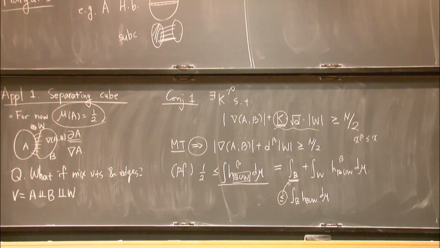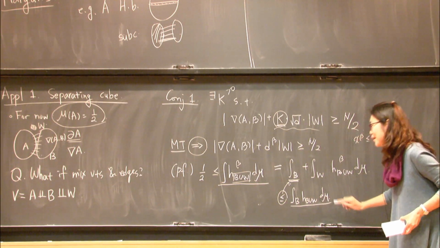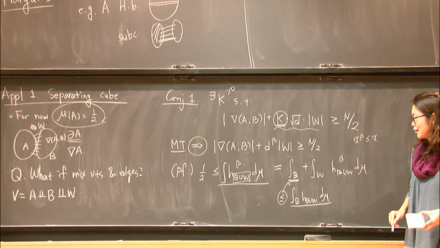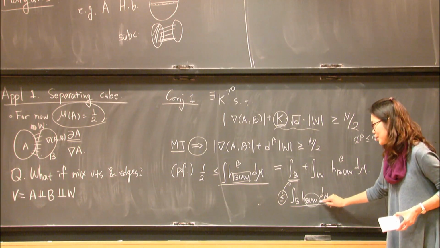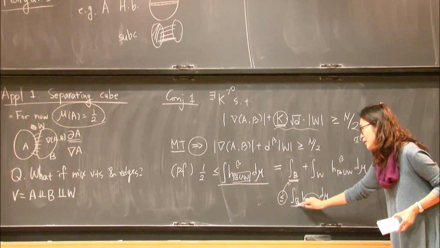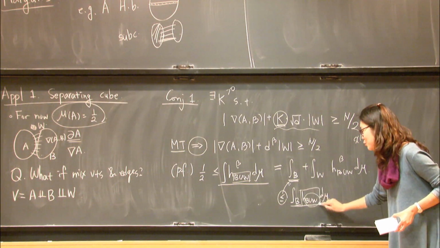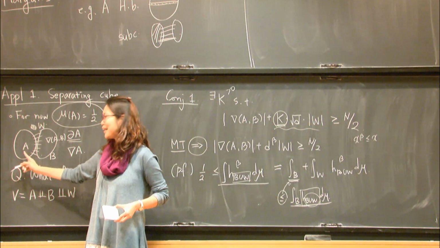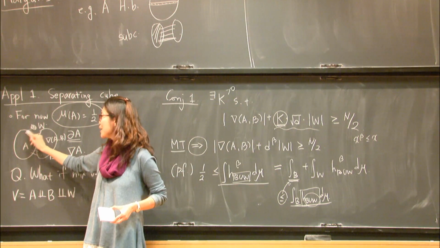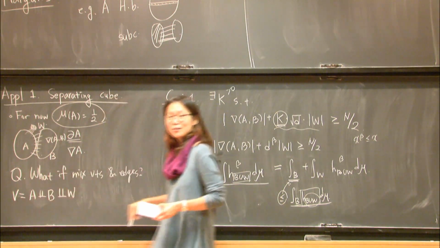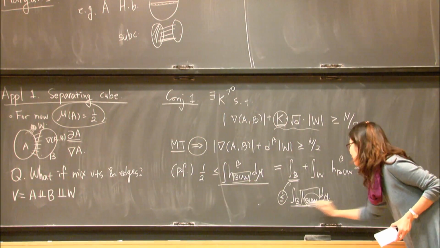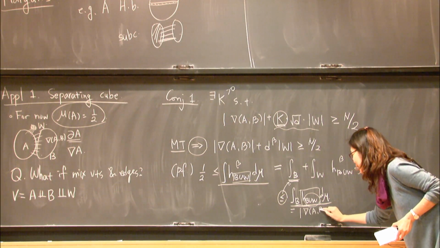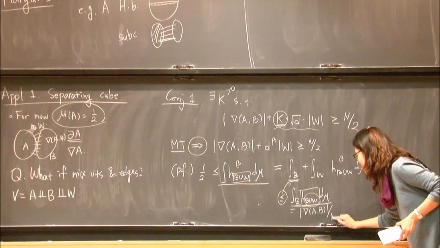Okay? And what's this? This is our support, but we only consider this on B. So that means this counts the number of edges between B and A. We don't care about the edges here. So that's exactly nabla AB divided by n.